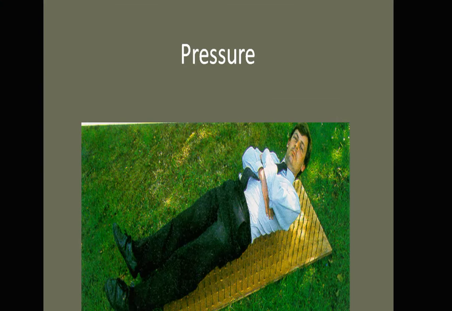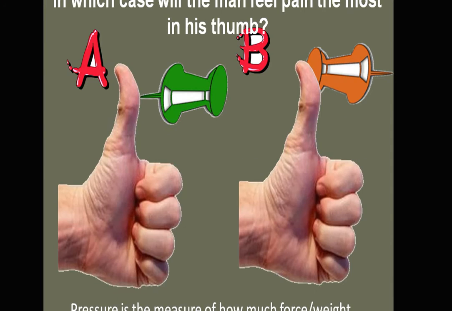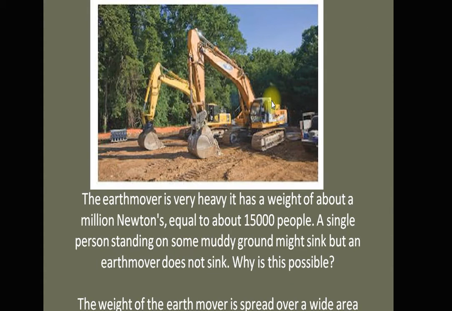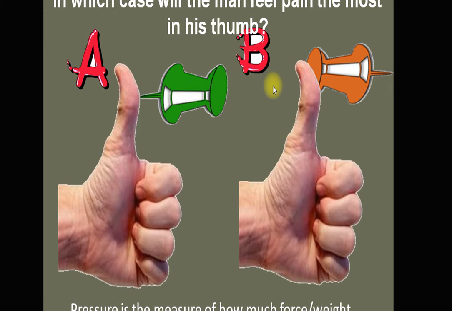Pressure, we said, is a force acting on a given area. In which case will the man feel the most pain in his thumb? We have two cases here, case A and case B. I guess it's A, right?